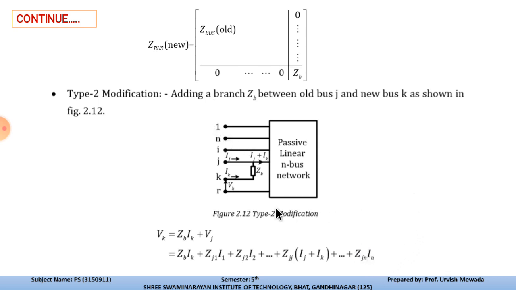This is how we can write the equation to determine the voltage of the link or bus which is newly added into the network.